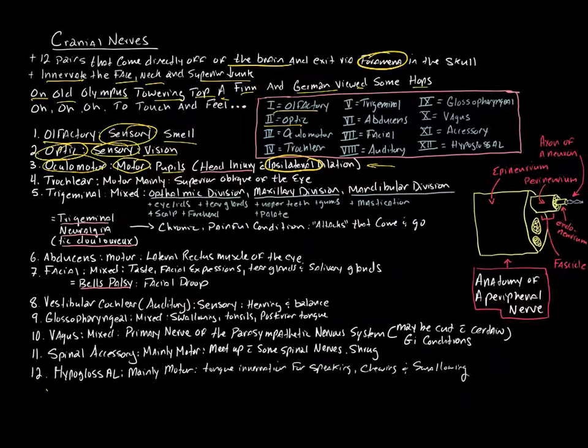Ipsilateral means on the same side. So if somebody has a head injury or some sort of head problem, they have a dilated, unresponsive pupil, that generally means that the problem is on the same side as the deficit. So left-sided dilation, the problem is stemming from the left side. That's what we mean by ipsilateral.